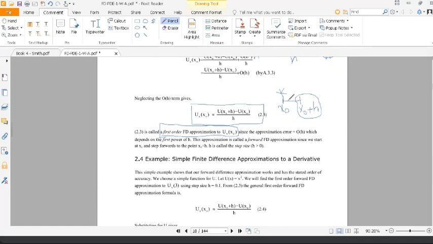By this reason, this formulation is called a forward finite difference approximation.